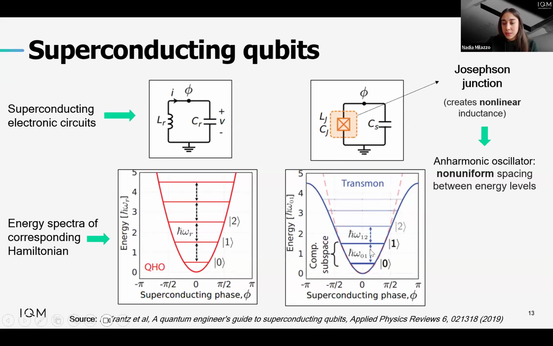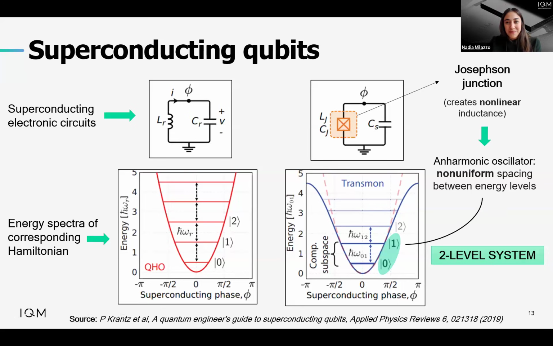So here, the spacing between the energy levels will not be the same anymore. And we have achieved what we wanted, because now these two levels represent our two-level system, which is well isolated from the other energy levels. This is what we call the anharmonicity of the oscillator, the fact that we do not have this red dashed curve anymore, and it is what gives us the two-level system we can play with.